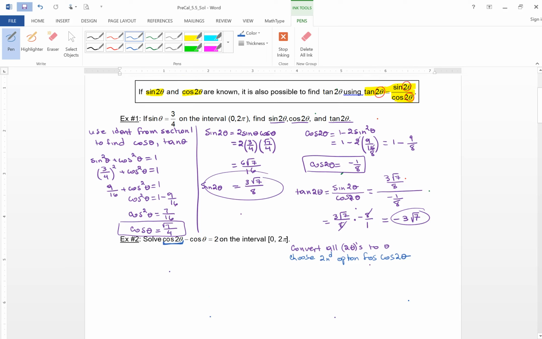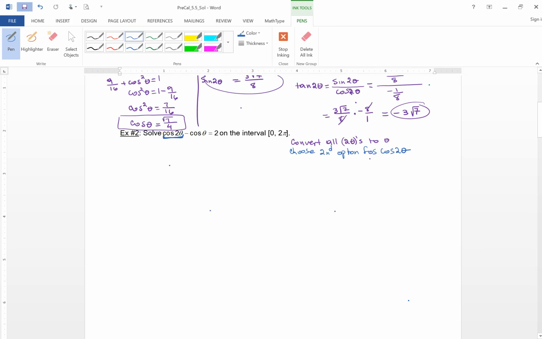So it's going to be 2 cosine squared theta minus 1. The rest of it remains unchanged. So I'm just going to copy it over. Minus cosine theta equals 2.